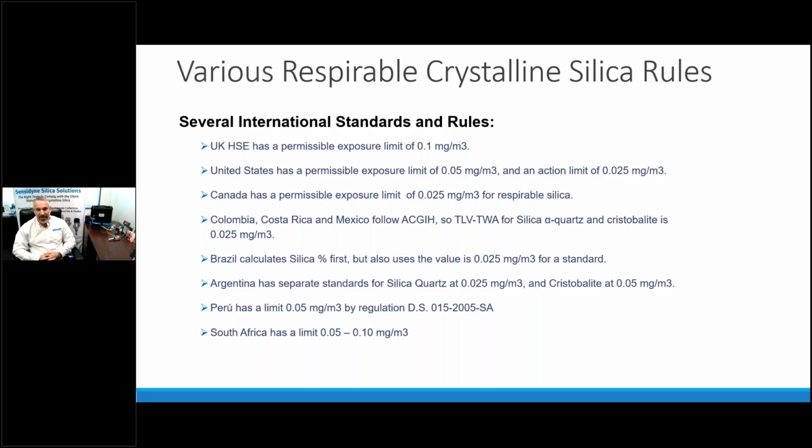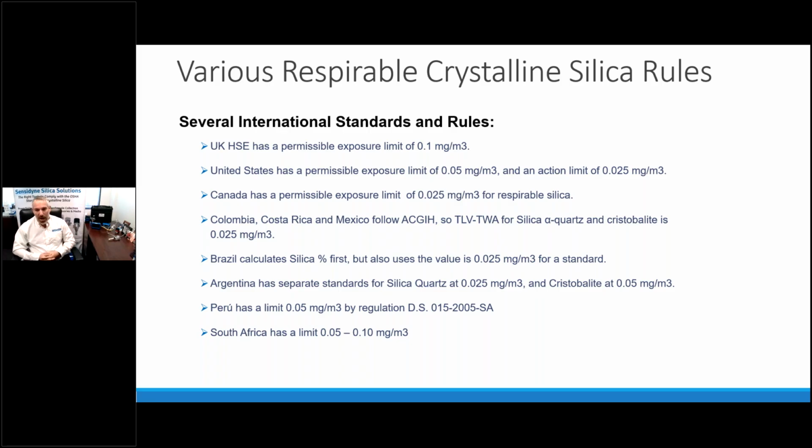So let's talk about various silica rules and occupational exposure limits. Today, the UK HSE has a permissible exposure limit of 100 micrograms per cubic meter, or 0.1 milligrams per cubic meter. The US, a few years ago, reduced it to about half of that.